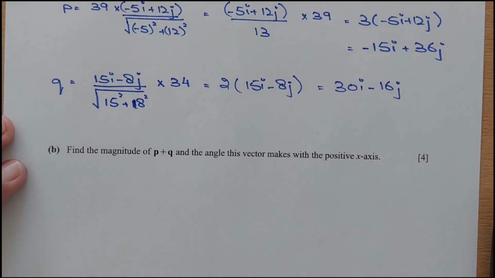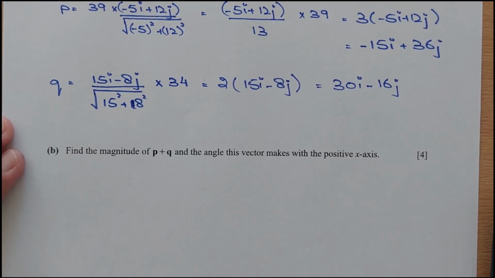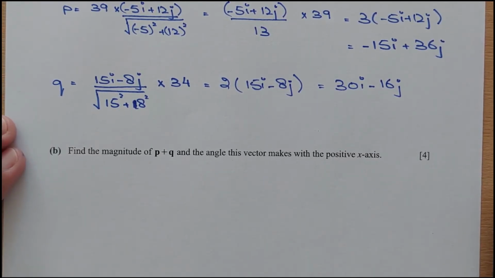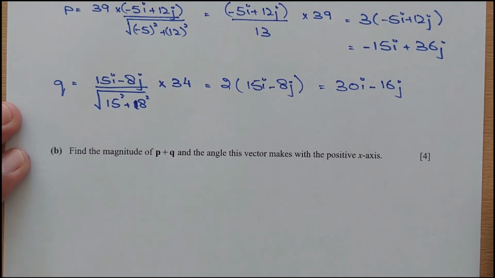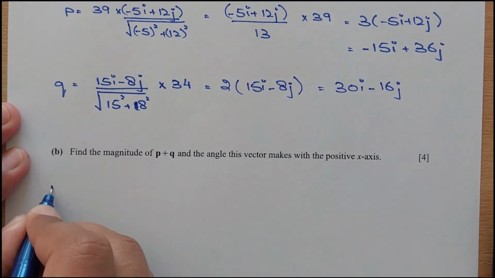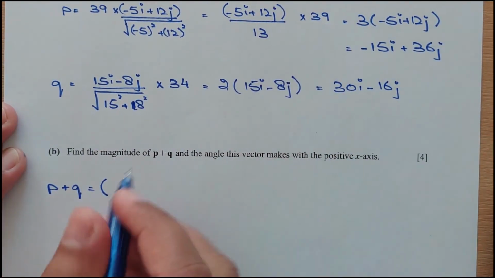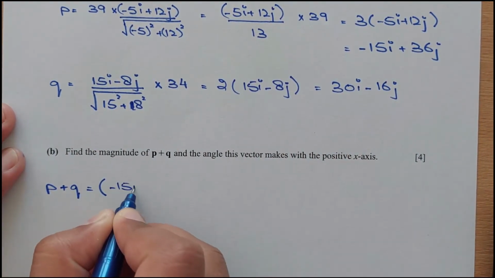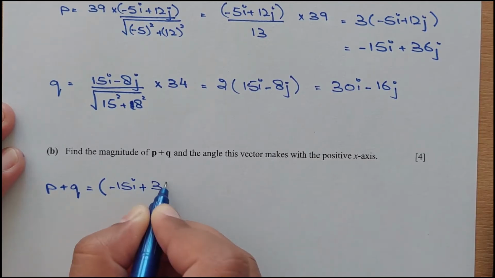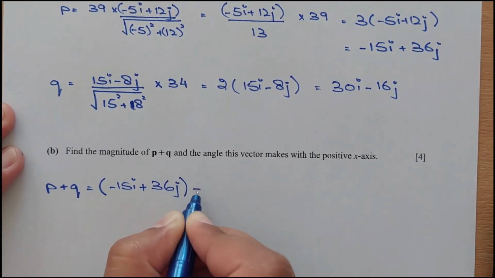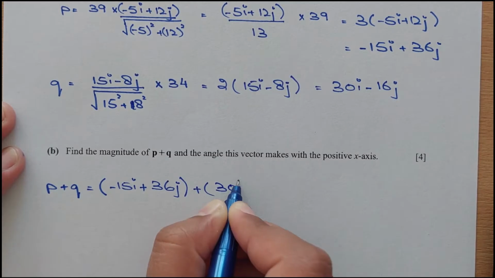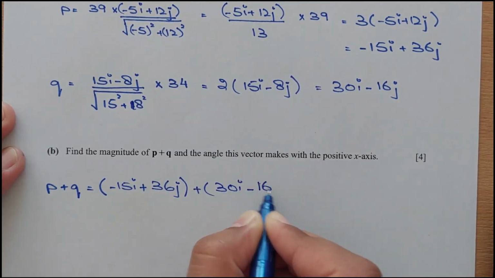Now for part B, find the magnitude of p plus q and the angle this vector makes with a positive x-axis. Okay, so what is p plus q? The vector p we just got is minus 15i plus 36j, plus the vector q, that is 30i minus 16j.